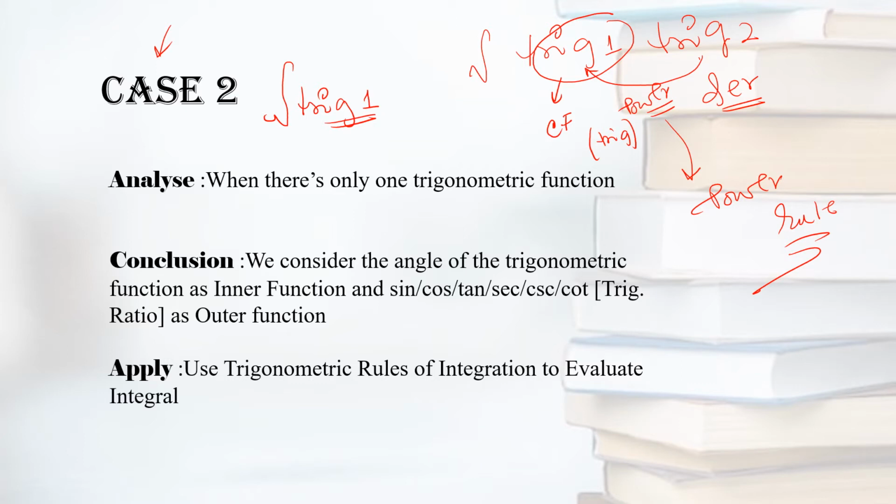In that case, always consider the angle as your inner function, and that trigonometric value, sine, cosine, tangent or anything else written here, will be considered as the outer function.